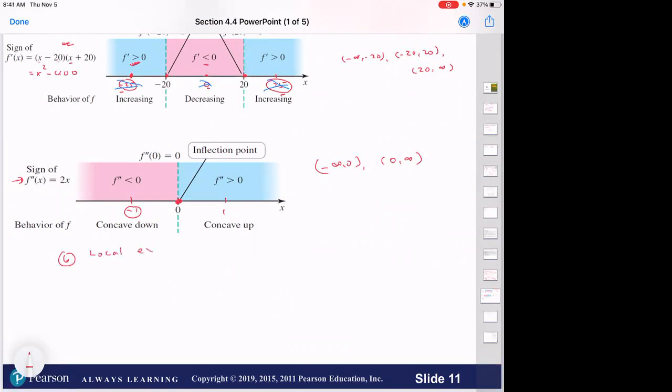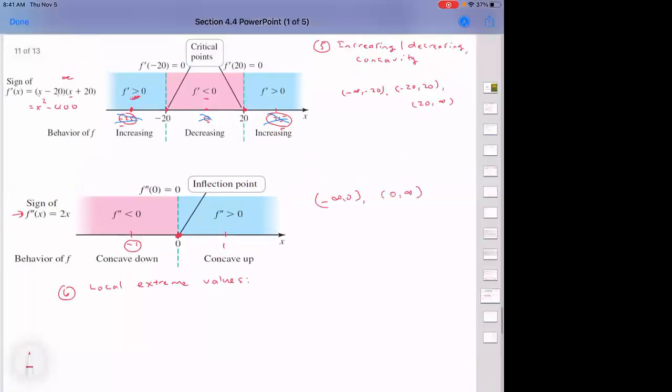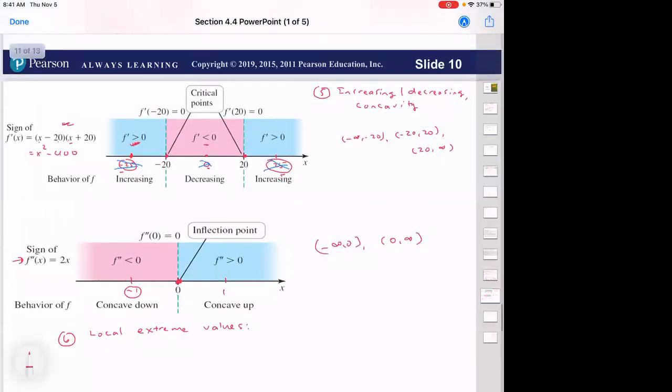So we're talking about extreme values, critical points, absolute maximum, right? All these extreme words. So find the local extreme values. So look at here, in the intervals where the function is increasing or decreasing.